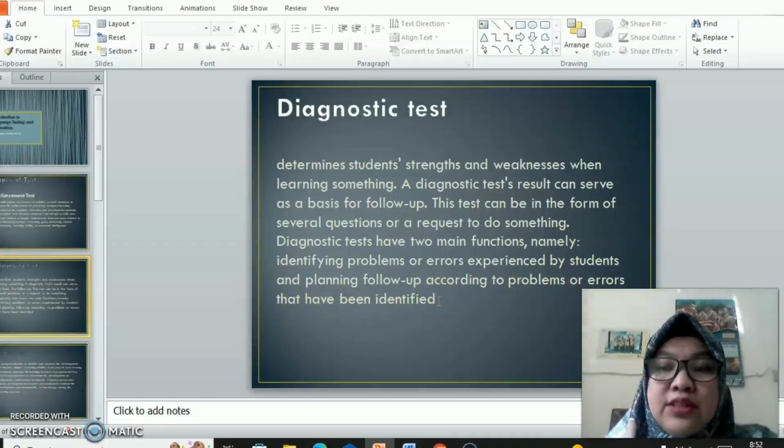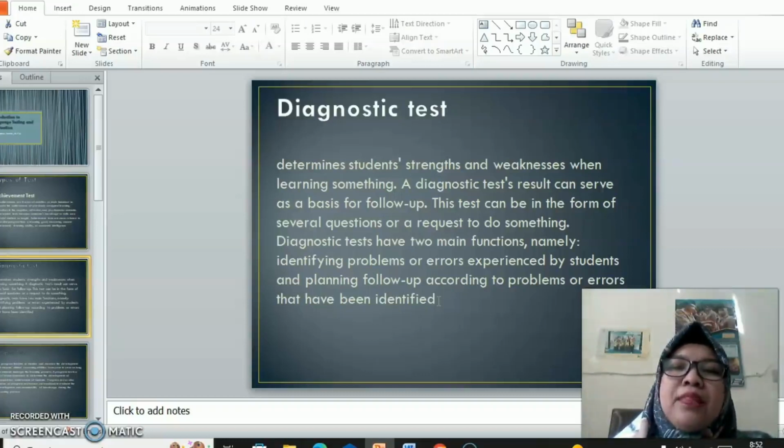So as a good teacher of English, actually we have to diagnose our students in terms of their weaknesses. So the main point is to diagnose our students' weaknesses. A diagnostic test is familiarly recognized as a pre-test.